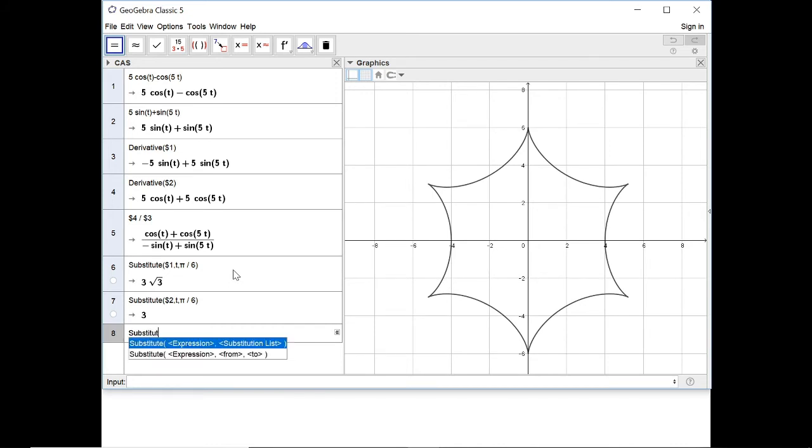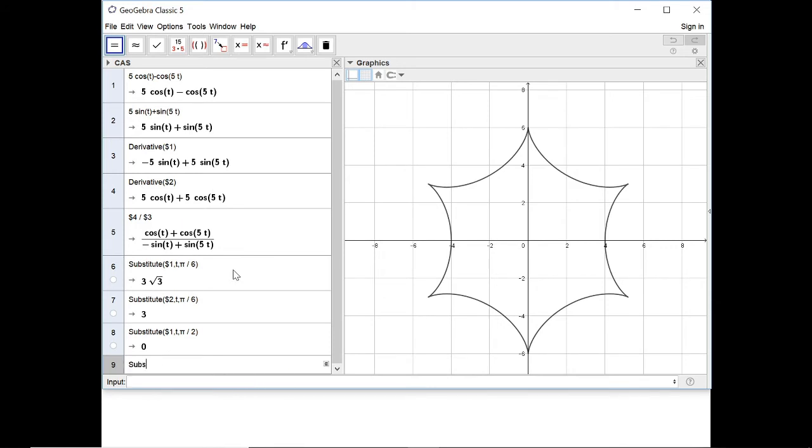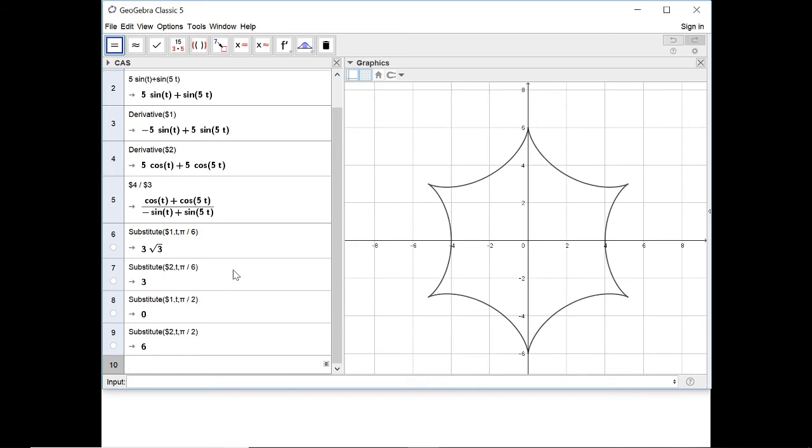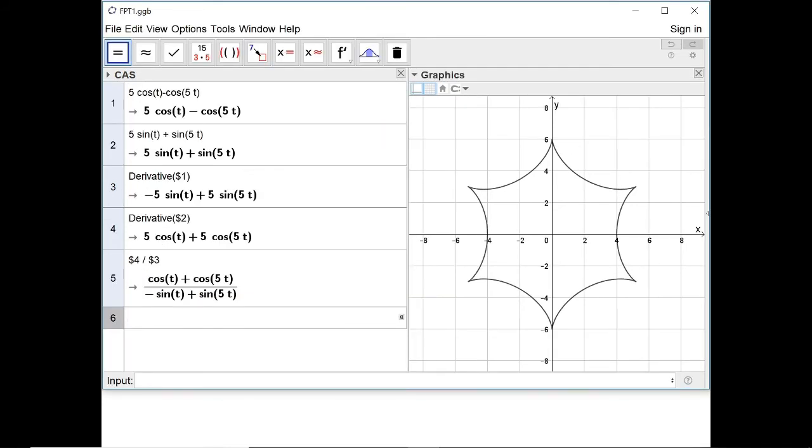And also for pi by 2, substituting into my expression for x, expression 1, when t is pi by 2, I get 0. And substituting into my expression for y, expression 2, when t is pi by 2, I get 6. So that's telling me that 3 root 3, 3 is on the curve, that's here, and 0, 6 is on the curve, that's here. So we've shown that the points do exist on the curve.